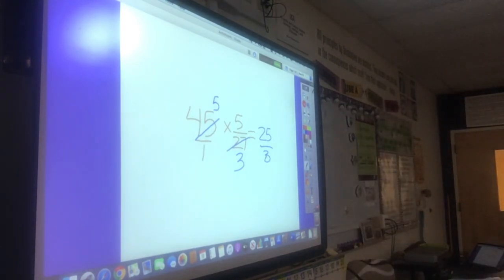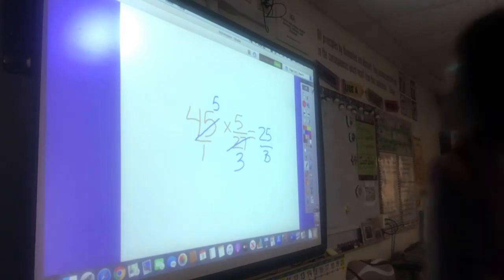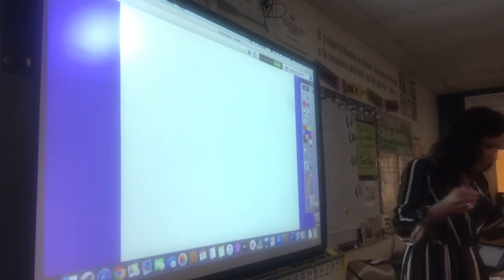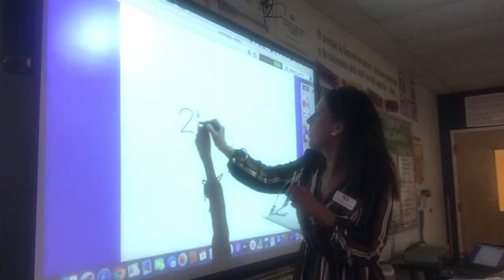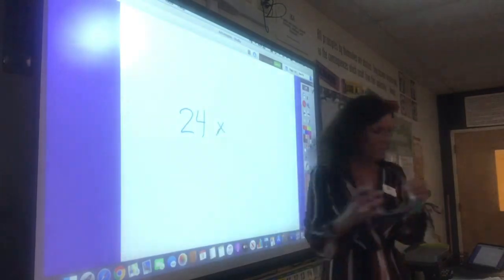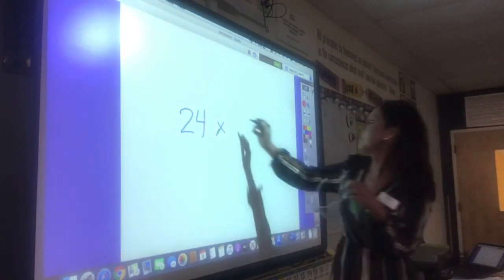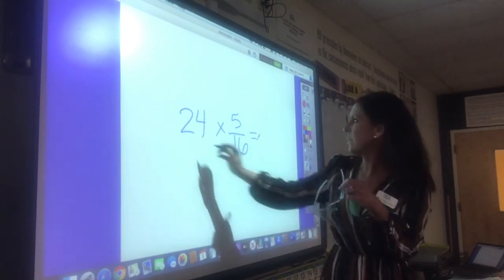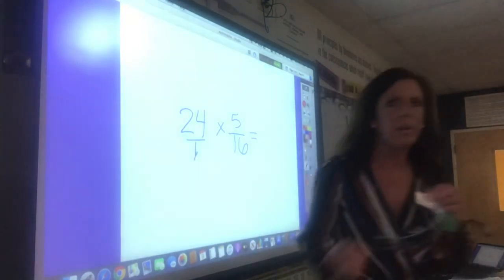Okay, let's look at one more like that, where we're going to get an improper fraction answer. Let's do 24 times 5/16. So again, we know we're putting a 1 under the 24.